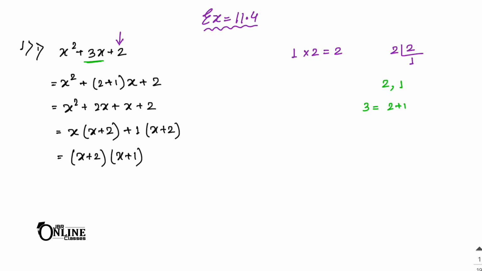And you have to remember that here you have two factors, 2 and 1. So you can add or subtract. Remember that, I repeat, you can add or subtract only one time. If you add in the problem, then you cannot subtract. If you subtract in the problem, then you cannot add.